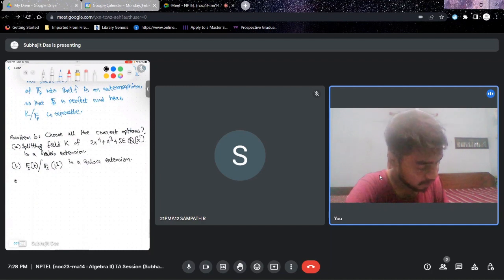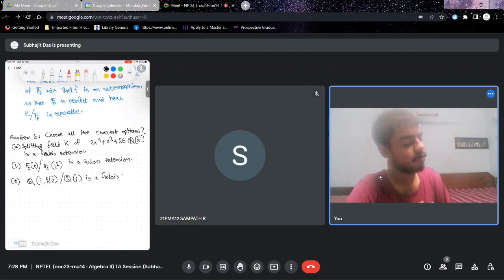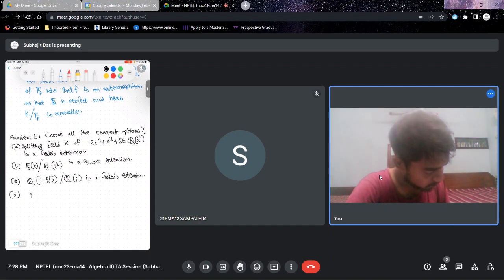Option C says Q(i, fourth root of 2) over Q(i) is a Galois extension. Option D says F5(t) over F5 is Galois.